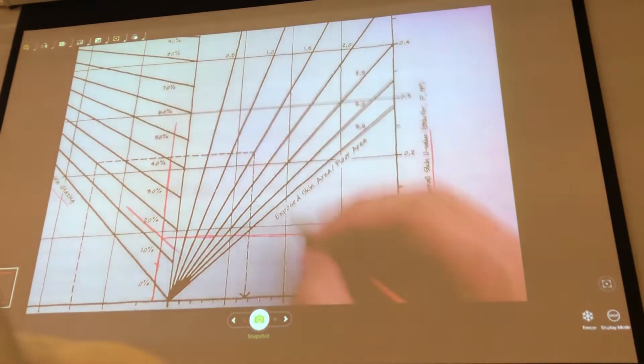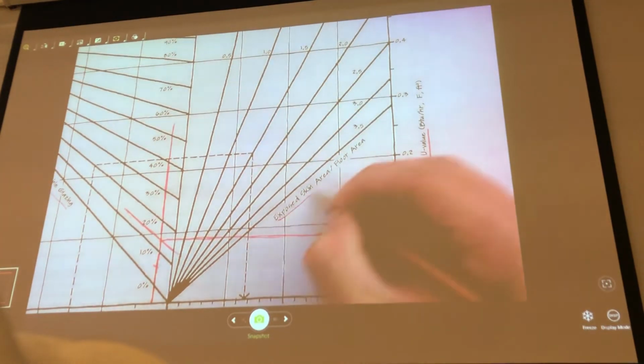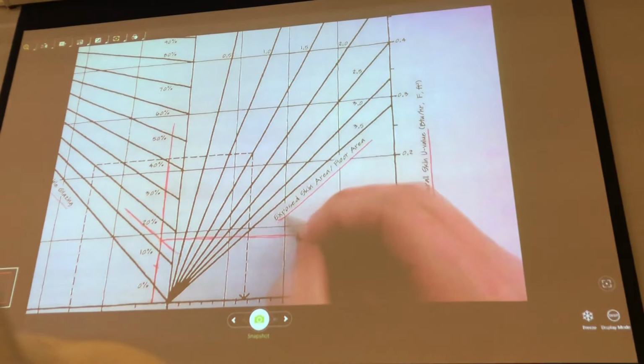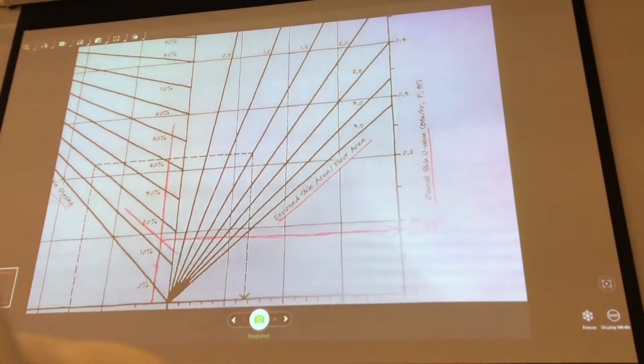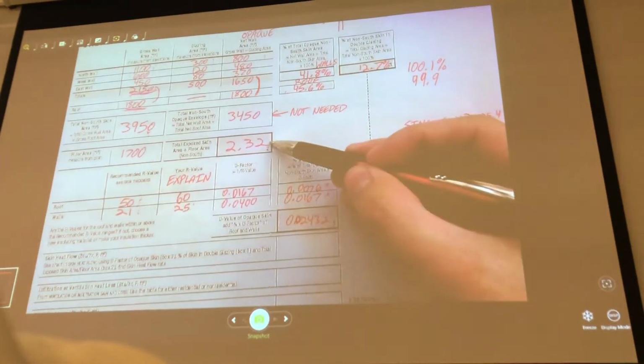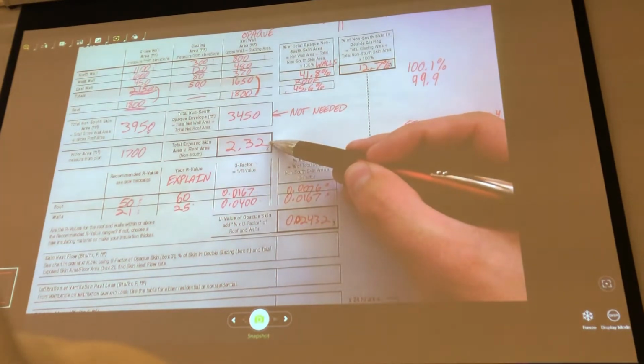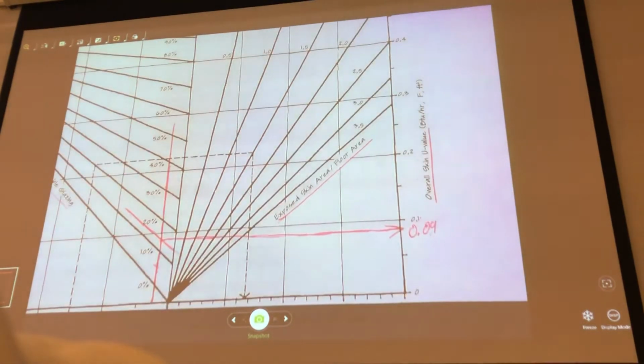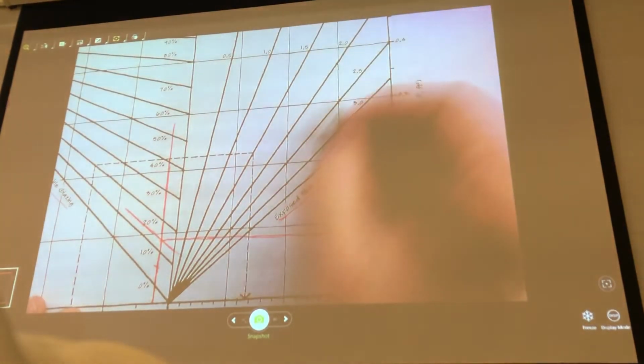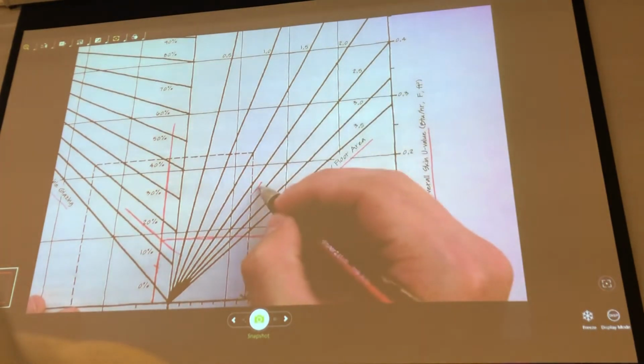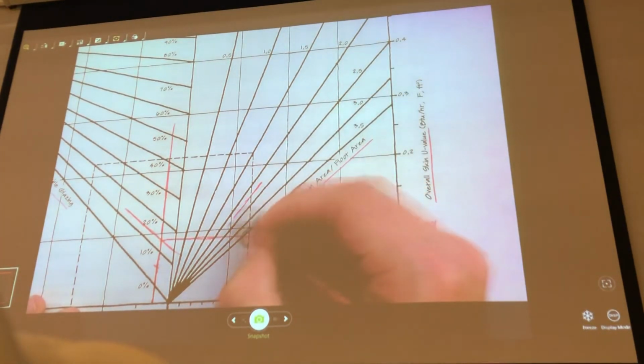Next, we can figure out, okay, what was our exposed skin to floor area? What was that factor that we figured out? Which is this factor right here. So 2.32. 2.32 is somewhere in between 2 and 2.5.